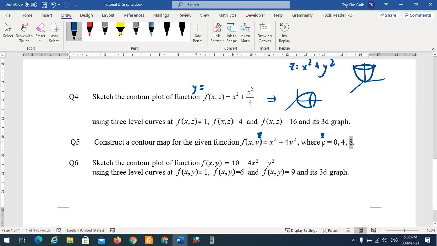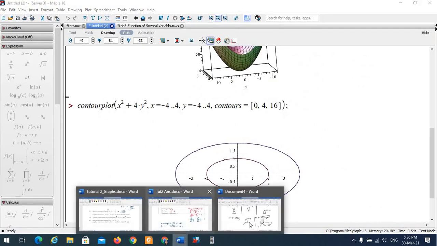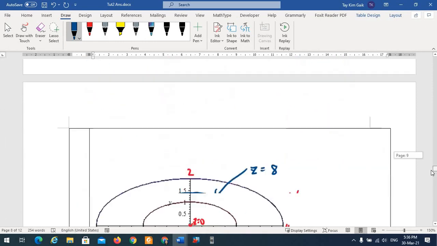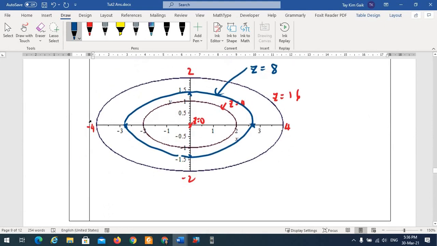Otherwise, if they didn't give you the C or Z value, you are free to choose any value. Look at this one, but you will change it to 16 because it will be a nicer picture. Because if you use 16, my X, Y intercepts are integer numbers. So nicer.